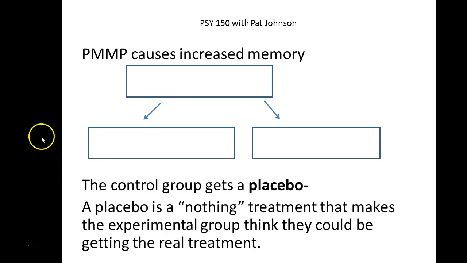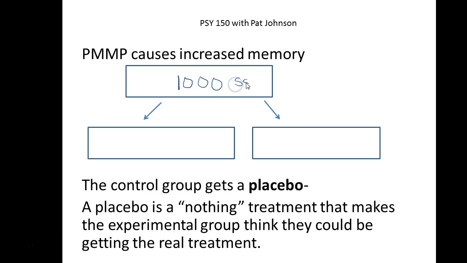Now, let's throw in another factor. Let's suppose we're testing a drug, and since my name's Pat, we're going to call it after me. We're going to call it Pat's Miracle Memory Pill. We'll abbreviate it PMMP. We're going to say that Pat's Miracle Memory Pill increases memory. So let's say this time in a drug study we'll use lots of subjects.